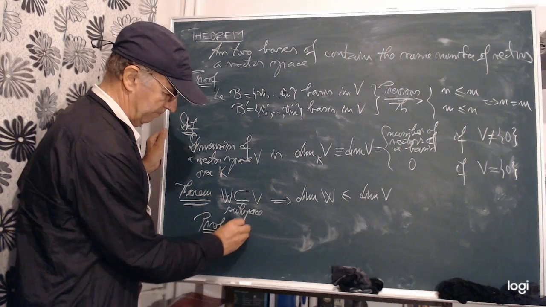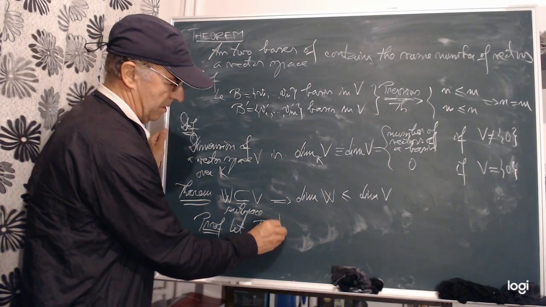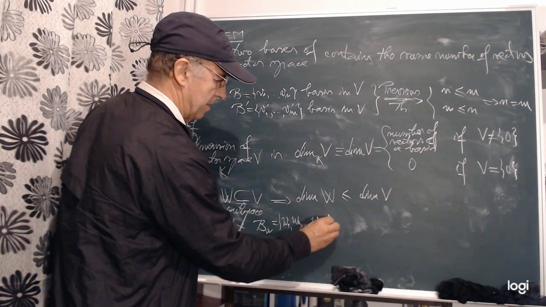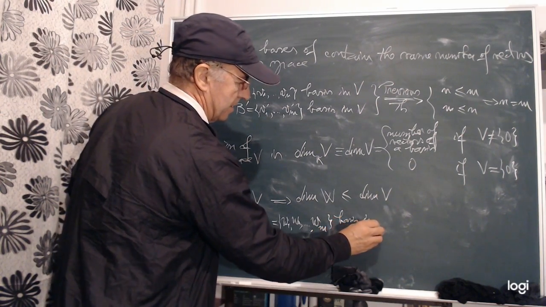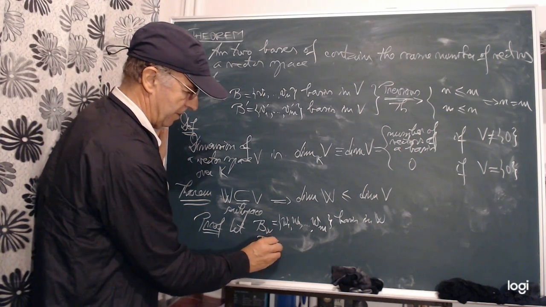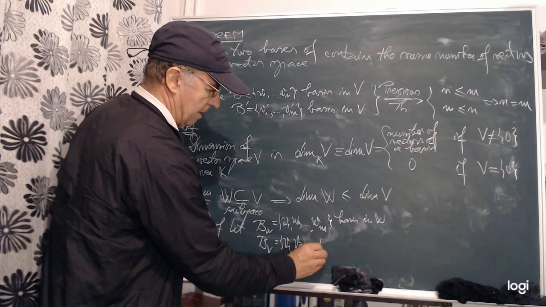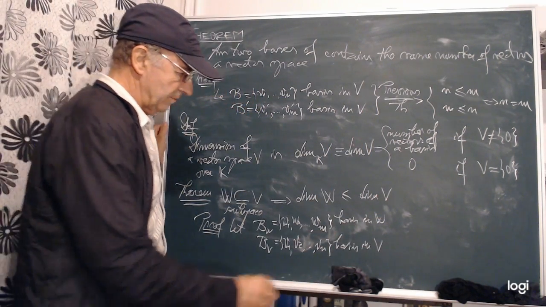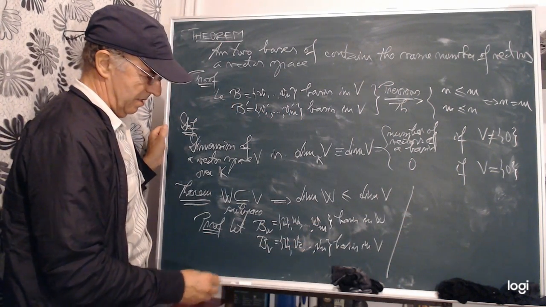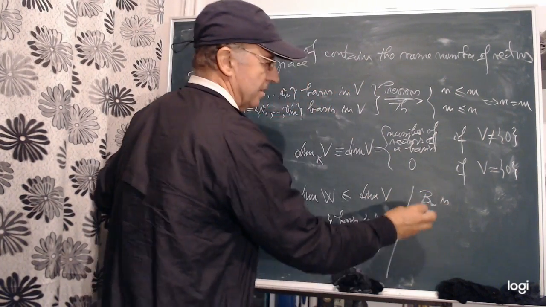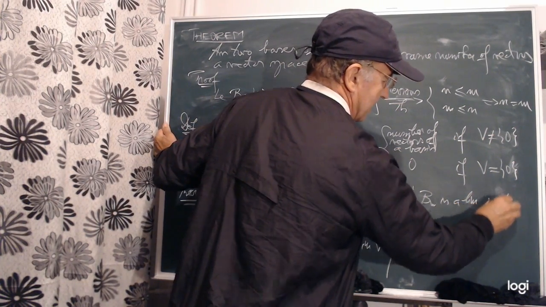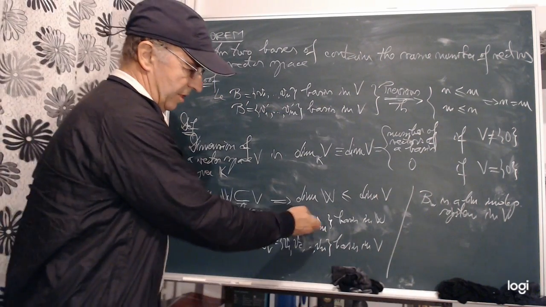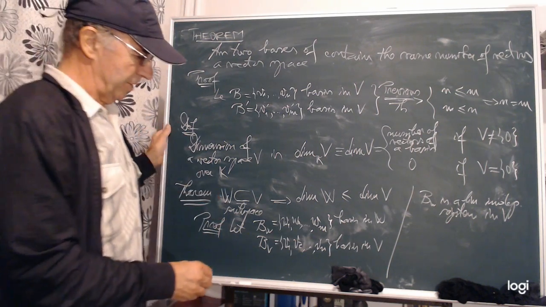Let BW equals W1, W2, up to Wm be a basis in W, and V1, V2, up to Vn a basis in V. This system of vectors, BW, is a linearly independent system in V, since a linear combination can be zero only in the case when all the coefficients are zero.